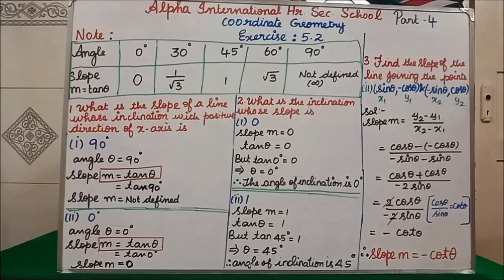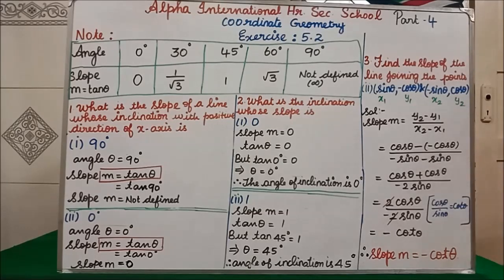Now cos theta minus minus becomes plus, so cos theta plus cos theta in the next step, divided by minus sin theta minus sin theta, which we can write as minus 2 sin theta. The next step: cos theta plus cos theta is 2 cos theta divided by minus 2 sin theta.